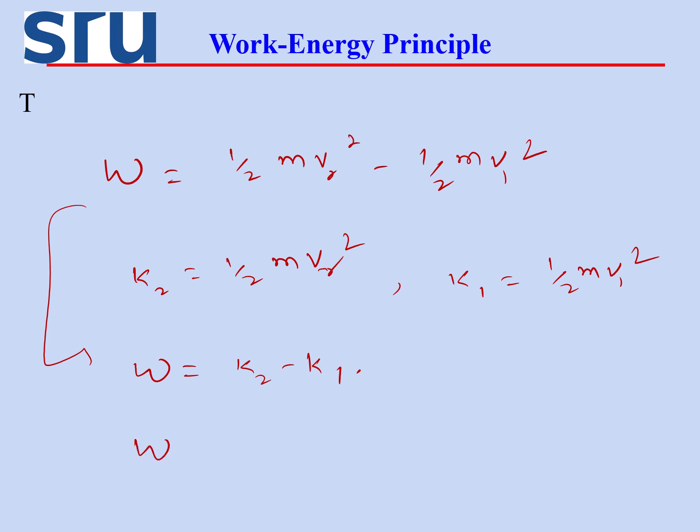So this is nothing but W equals delta K. So delta K is the change in the kinetic energy. So now this is the work energy principle, the work energy theorem derivation. Okay.